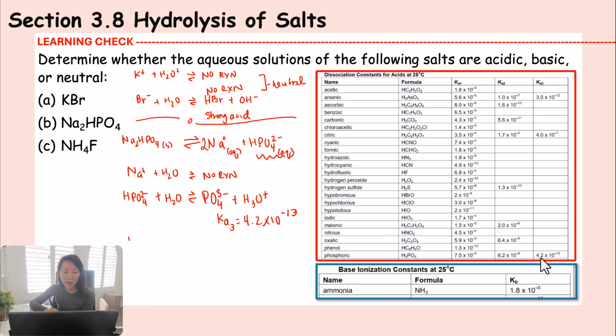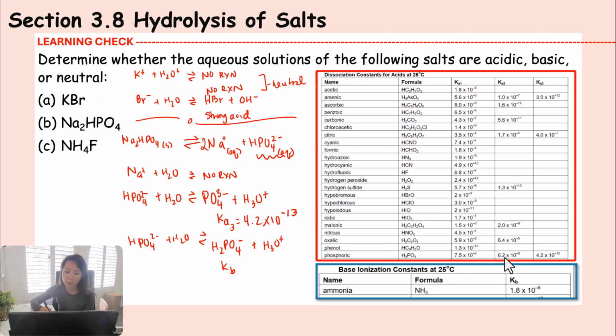Well, what if this amphoteric guy is going to act as a base? If it acts as a base, it's going to accept a hydrogen, forming H2PO4 minus and then water here. Then what's the Kb value here? It doesn't give you a Kb value. You can look all you want, but it's not there. But we have the Ka2 value to solve for Kb.